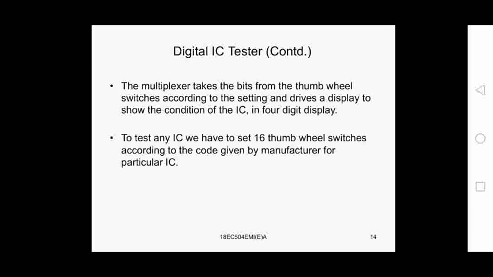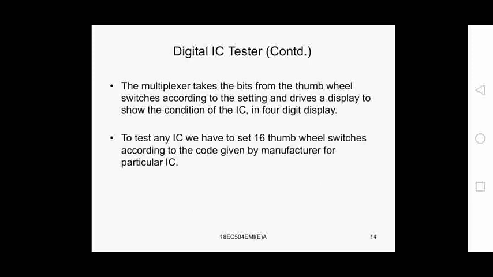That multiplexer is connected to the test pattern generator, which will drive the address generator. The address generator drives the multiplexer, which takes the bits from the thumb wheel switches according to the setting, and will drive the display. So for testing any IC, the main criterion is that the thumb wheel switches have to be given a code by the manufacturer for that particular IC.